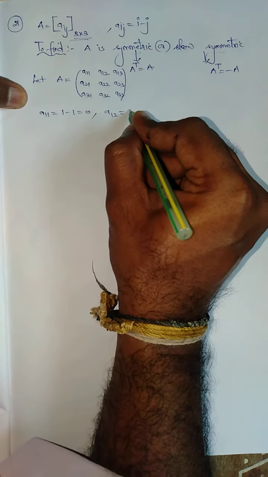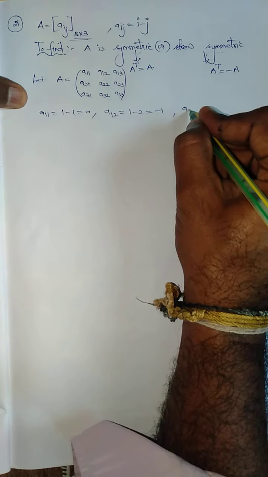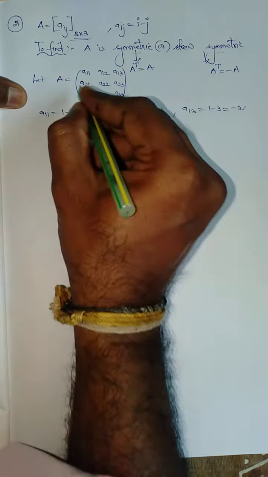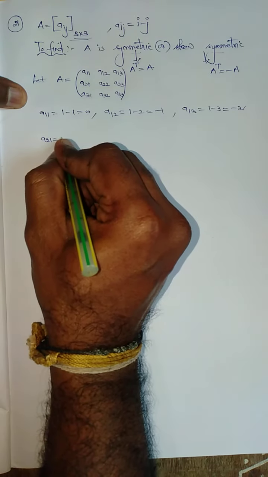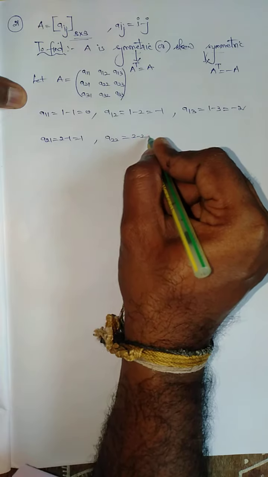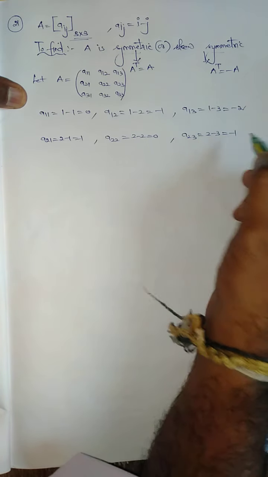A12, 1 minus 2 is minus 1. A13, 1 minus 3 is minus 2. Next, A21, 2 minus 1 is 1. A22, 2 minus 2 is 0. A23, 2 minus 3 is minus 1.